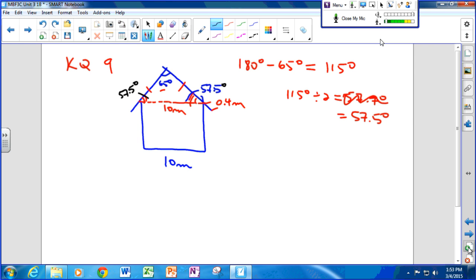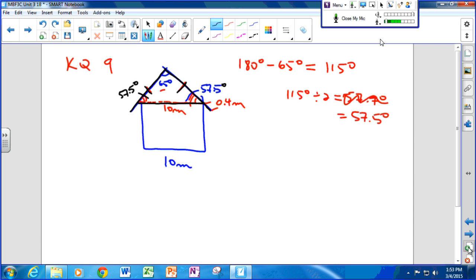Okay, so we know that those two angles are the same because they told us that the rafters are the same length. They told us in the question that these two lines are the same length, which means that the line above the wall, above this red part here, that line and that line are the same length. That's why I was able to know that the two angles are the same.